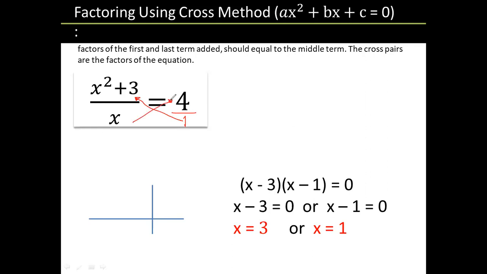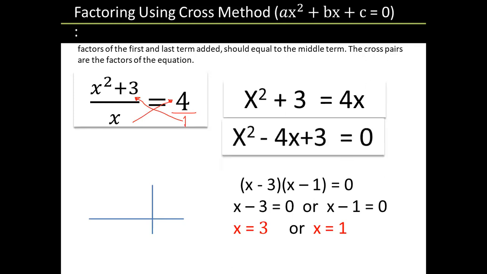So therefore, x squared plus 3 equals, cross multiply, 4x, or your standard equation is x squared minus 4x plus 3 equals 0. So then we can factor this one out.